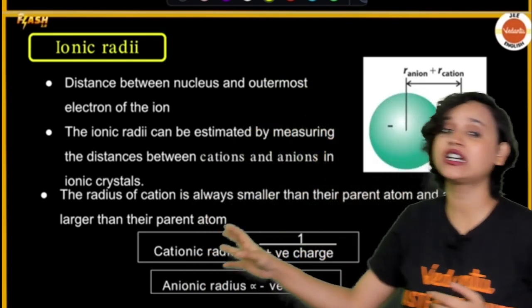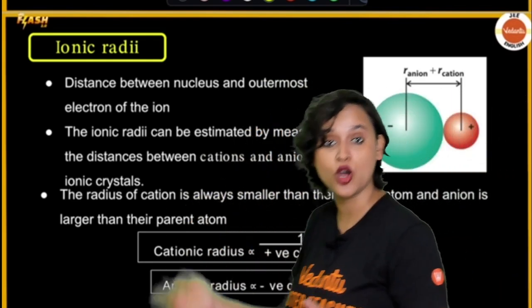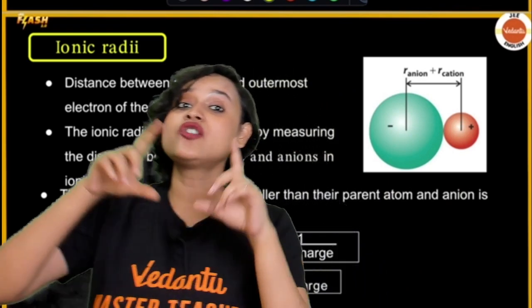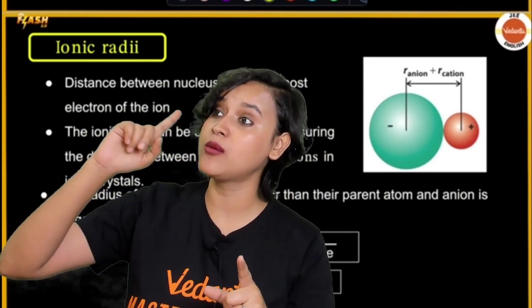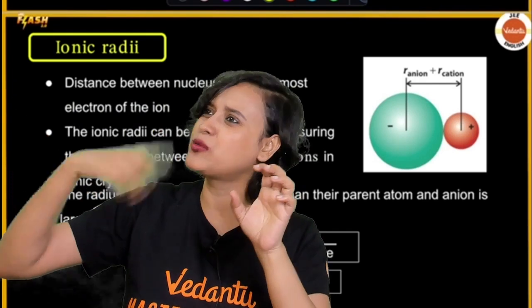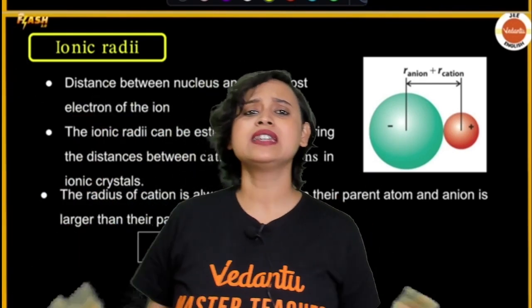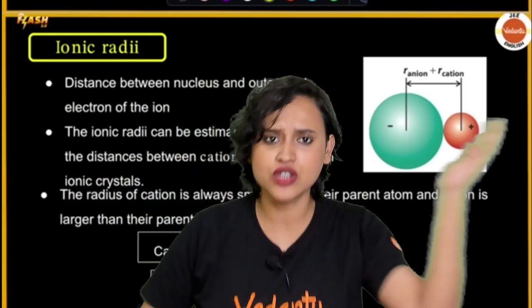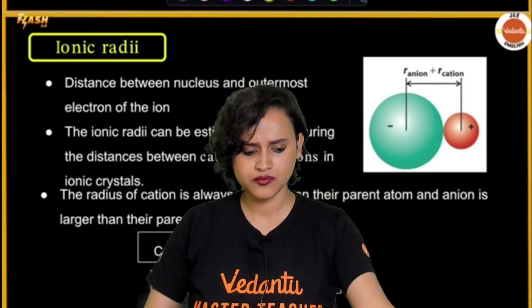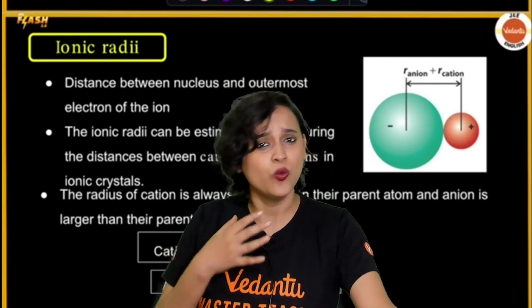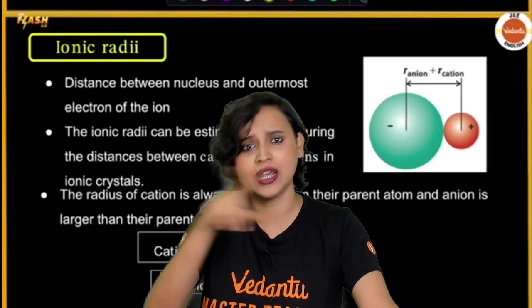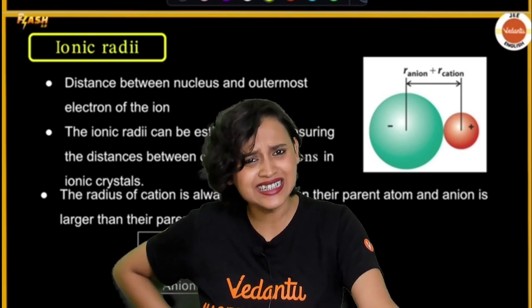So the size of the cation is always going to be smaller than the atom, but for the anion, there are more electrons, and the protons cannot control that much. Imagine, if I had 10,000 students in my class, would one teacher be able to handle 10,000 students?